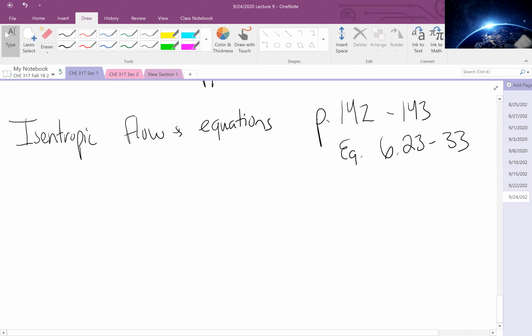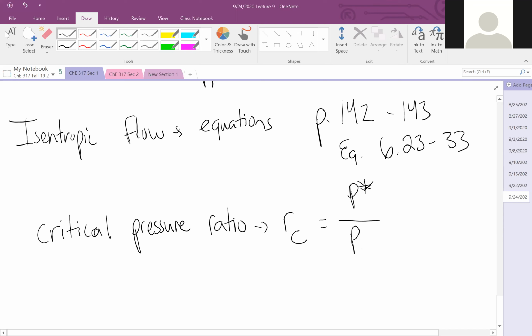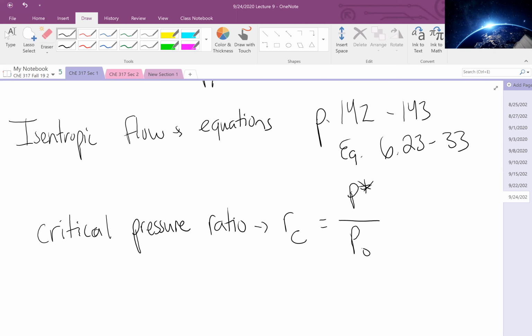The first one being a consideration of what's known as the critical pressure ratio. This is denoted as R sub C in the text, and it's essentially the pressure ratio when P is the asterisk condition, or the pressure necessary to get sonic flow at the nozzle exit.